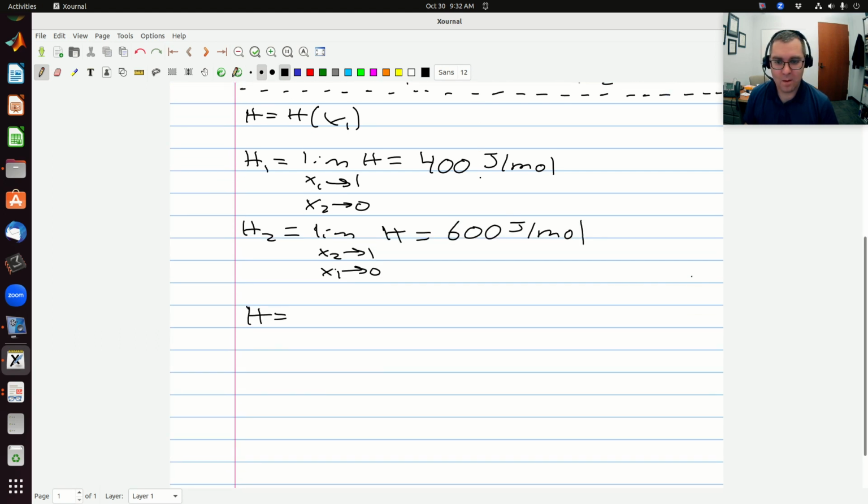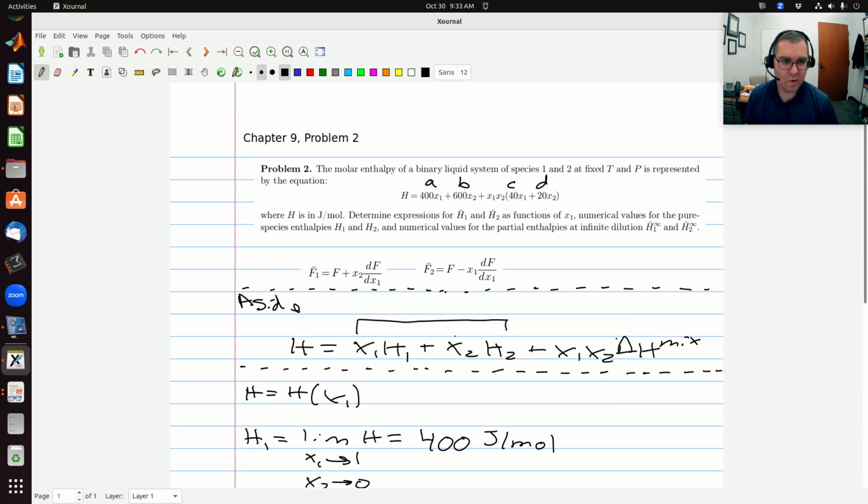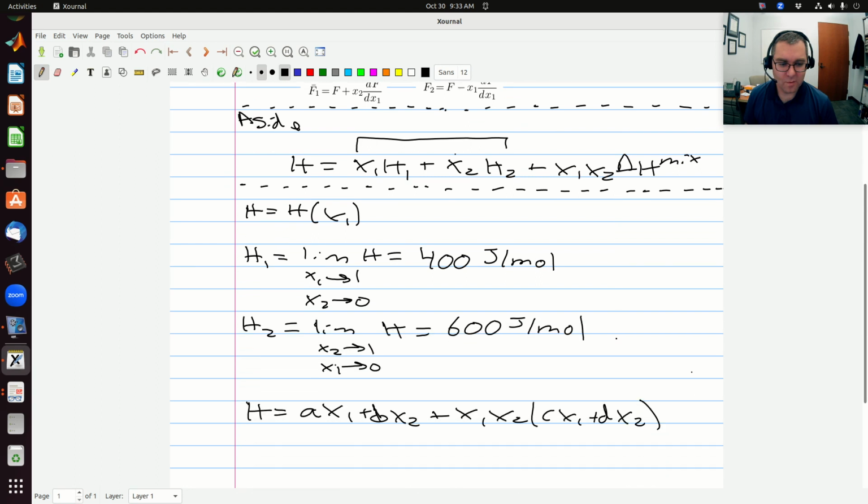So I'm going to have A x1 plus B x2 plus x1 times x2 times (C x1 plus D x2). Just trying to make the term simple for me.